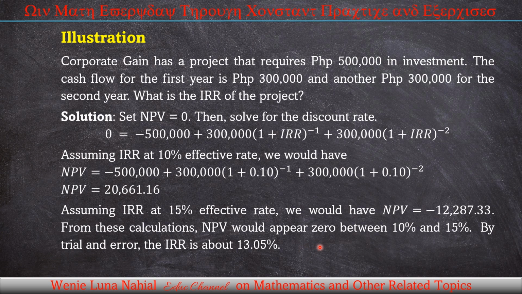So as I said, there's no standard formula for this, but what we're using is just the concept of NPV and the internal rate of return. It's what we call iterative, or there are calculations that you are going to repeat, no? You are going to repeat them until such time that you are sure that this is really the basis of making the decision whether to accept or not to accept the project.